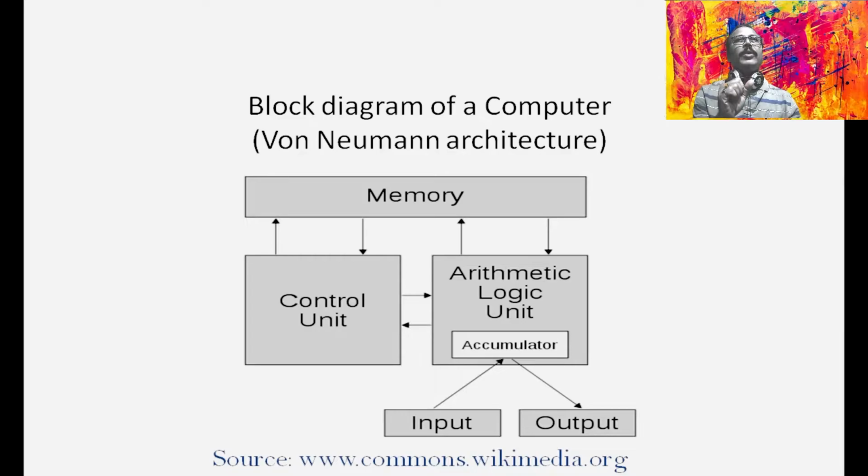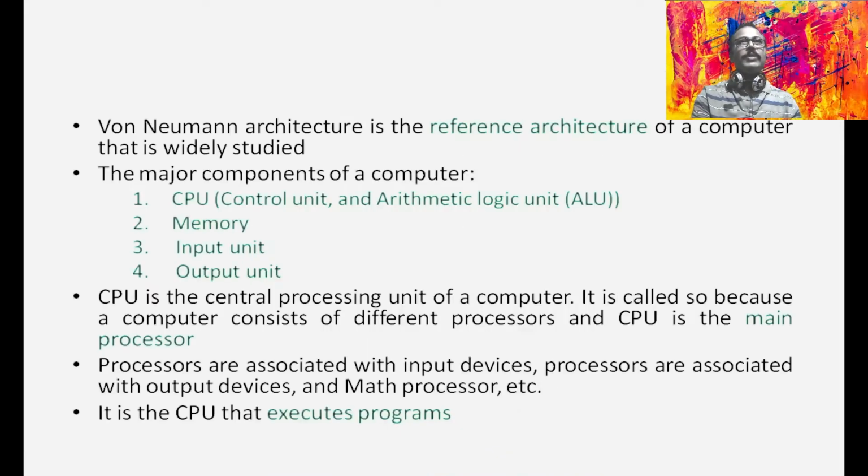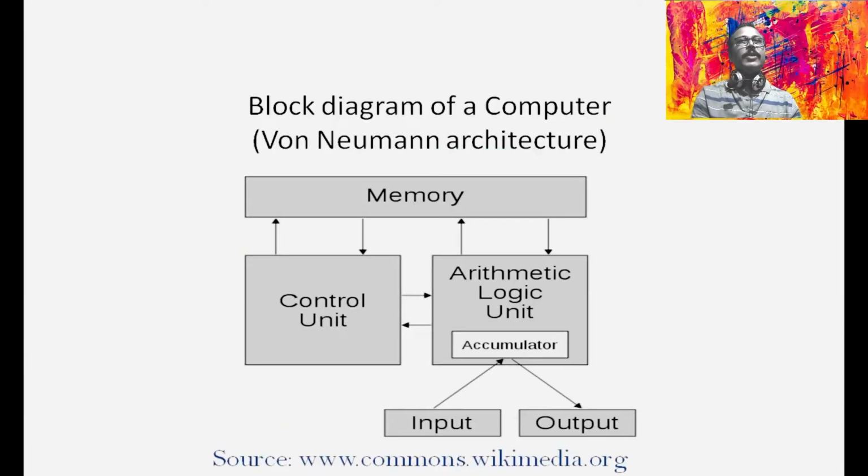Now the main part of the computer is this CPU, the central processing unit. I hope you can see the arrow. The control unit and arithmetic logic unit put together is called the CPU, or central processing unit. The central processing unit consists of two parts, the control unit and the arithmetic logic unit.